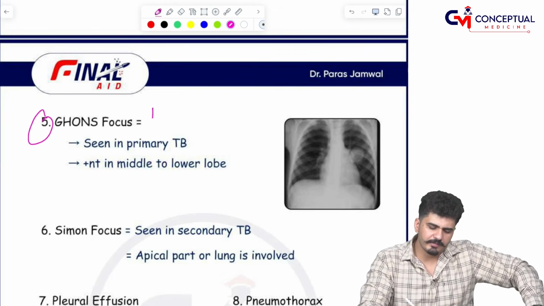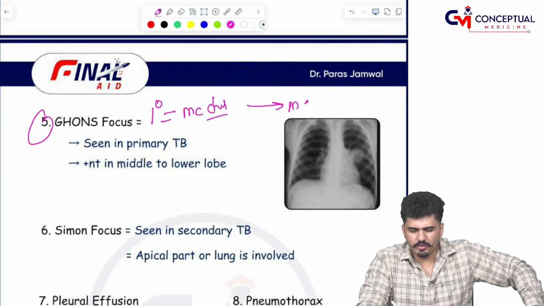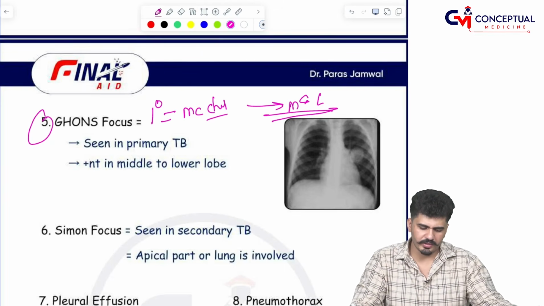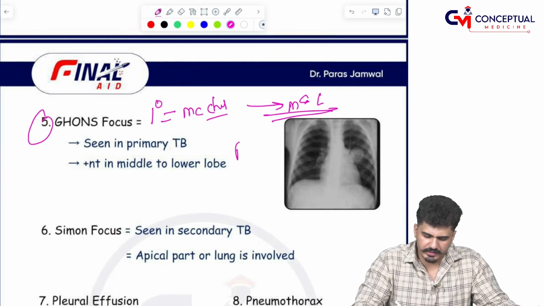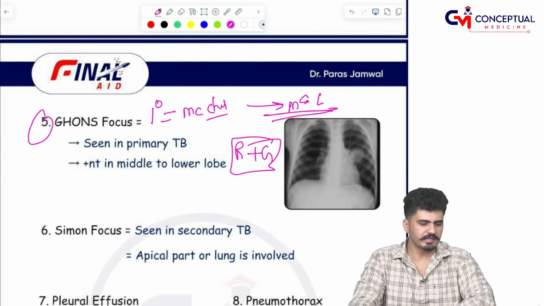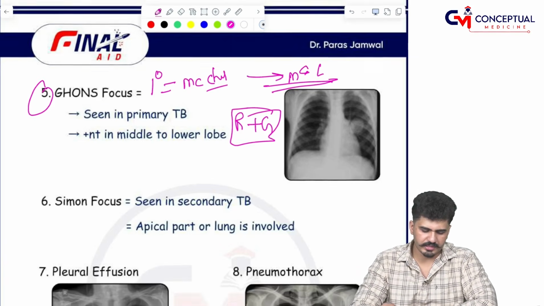Now coming next to the Ghon focus and Simon focus, which we also learned yesterday. In primary TB, which is most common in children, the middle to lower lobes are involved, and the focus you are going to see is Ranke plus Ghon focus.